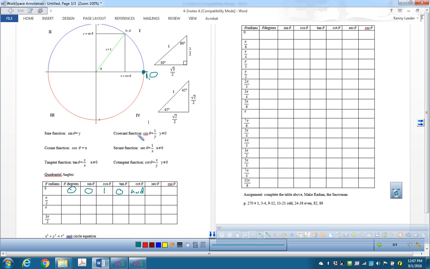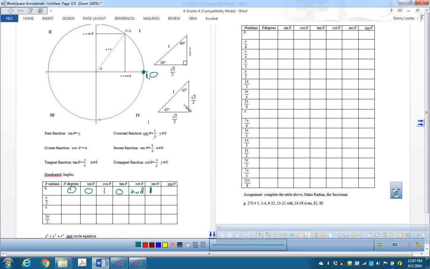Okay, so the reason this is undefined is because it's 1 over 0, right? So I'll just write undefined right there. Secant, right, is the reciprocal of cosine. What's the reciprocal of 1? 1. So a 1 goes there, okay? And cosecant is the reciprocal of sine. And this is kind of tricky because, well, what's the reciprocal of 0?